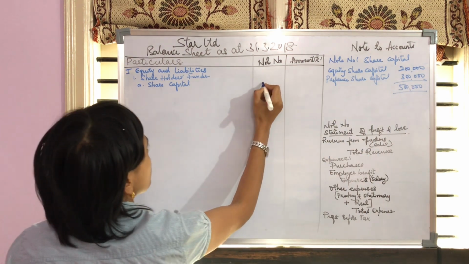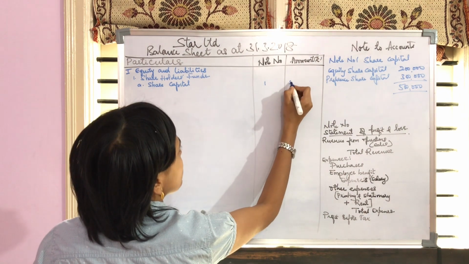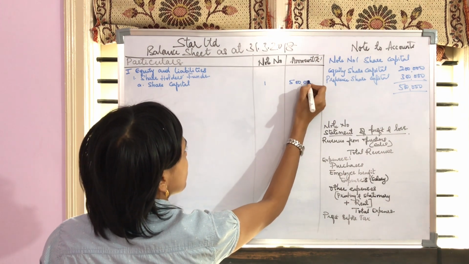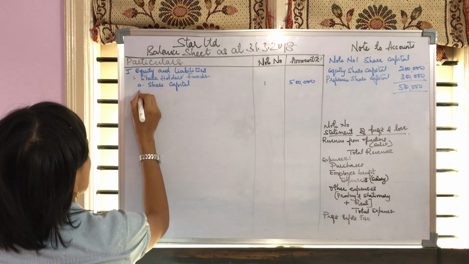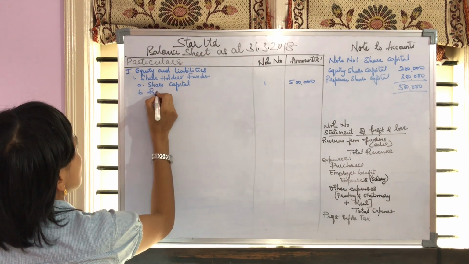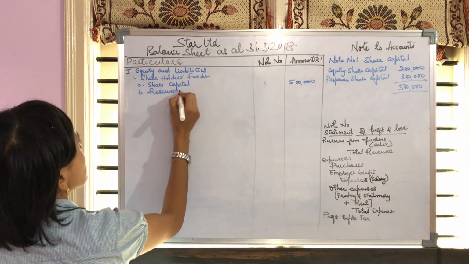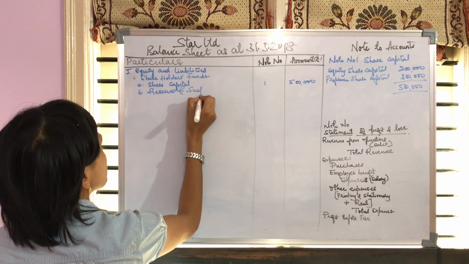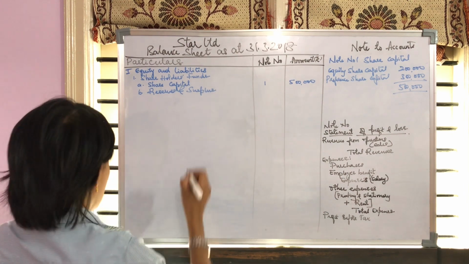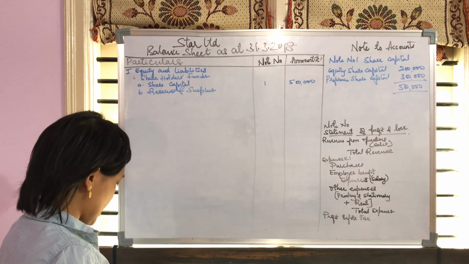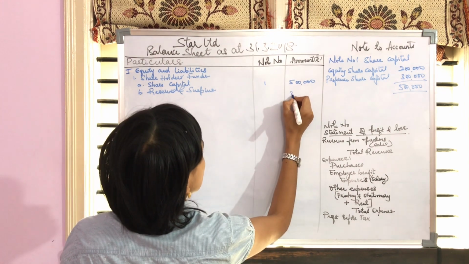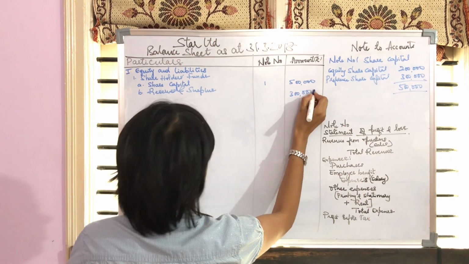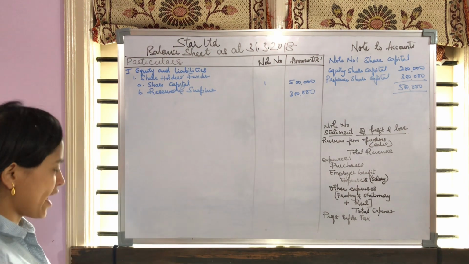So note number 1, write 5 lakh in the amount column. The second one is reserves and surplus. Information is given directly, rupees 3 lakh.